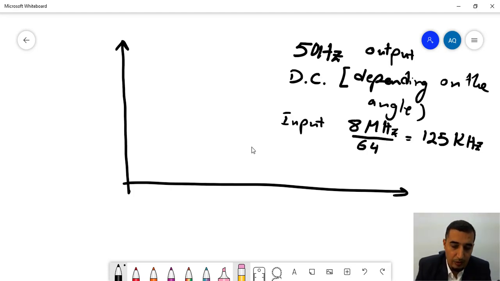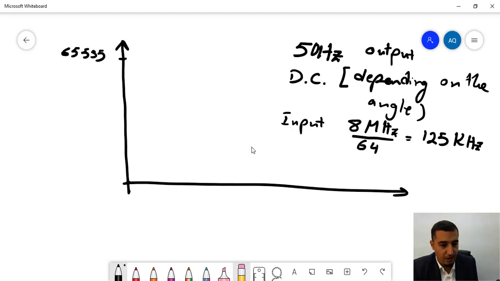So what we want to do is the timer will count from 0 up to 65,535, and if it counts at a rate of 125 kilohertz, we are going to reach a certain time.